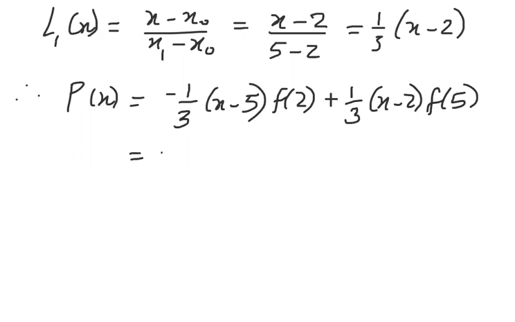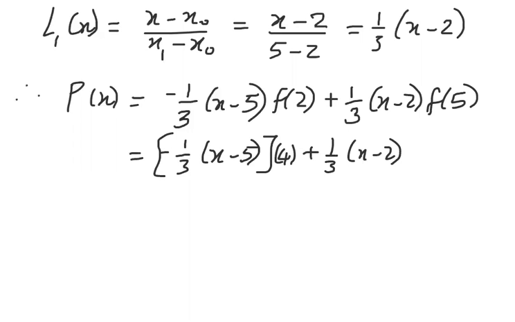If I simplify this, it will give me negative 1 over 3 times X minus 5 times 4, then plus 1 over 3 times X minus 2 times 1. And if we simplify this, it will just give us minus X plus 6.